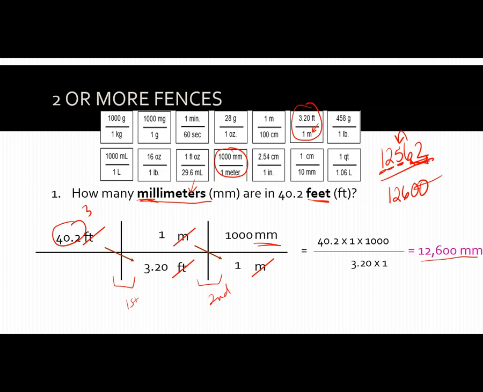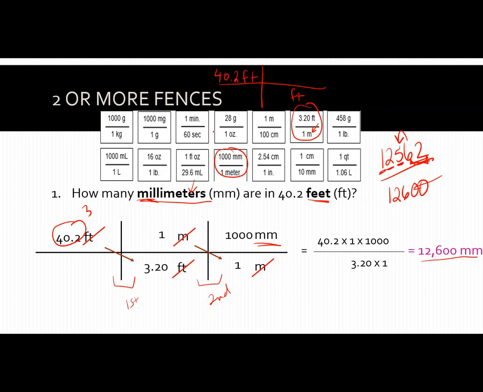You just keep going and you keep canceling and adding more labels in as you're going in order to get to the final result. Now there was a different way you could have set this one up. I'm going to just put it up here. Still put your 40.2 feet here and you put your feet down here.